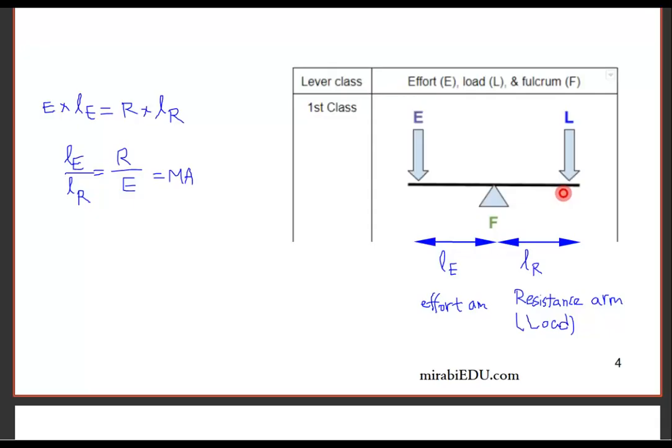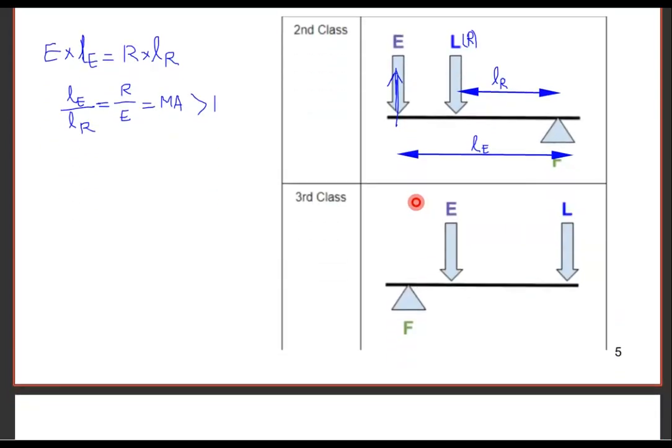For example, we want to bring up something and then we apply the force downward. Even if the mechanical advantage is 1, it helps us in a change of direction of the force. Okay.